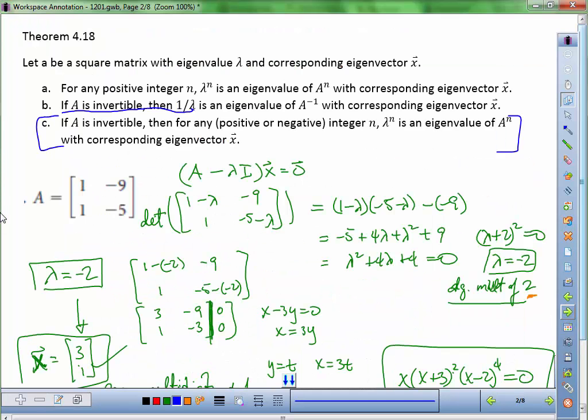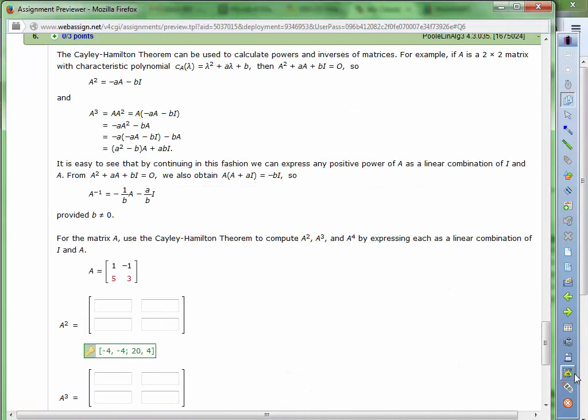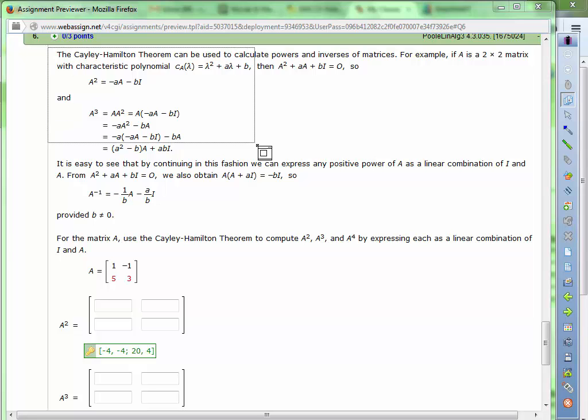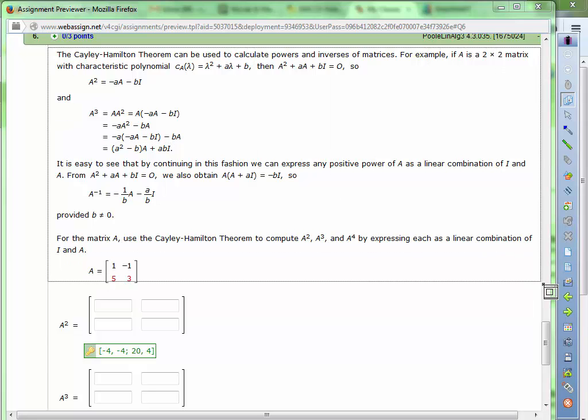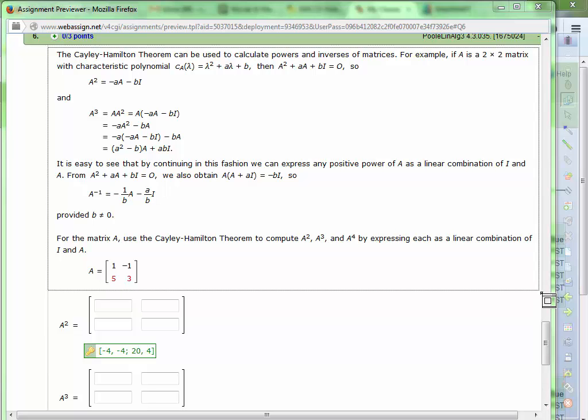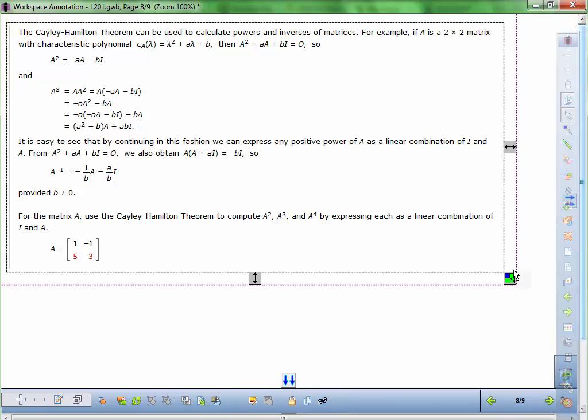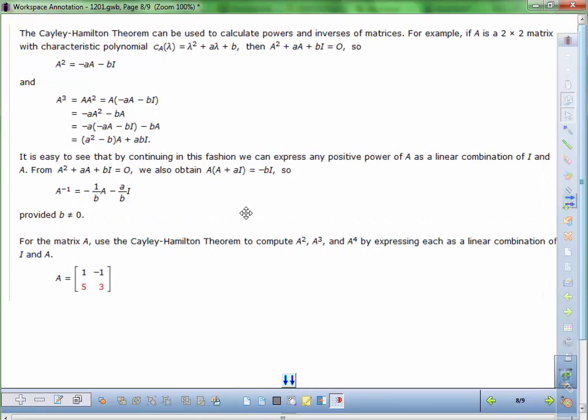So let me move that. Notes are going to be a mess. So when we find our characteristic polynomial, I don't know if you guys have seen this yet, but we're always going to have a positive lambda squared.